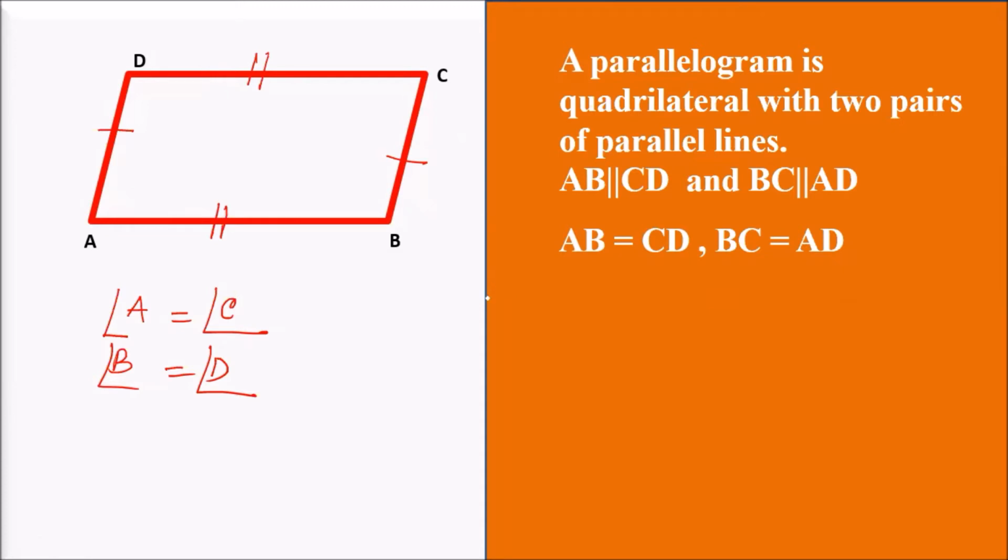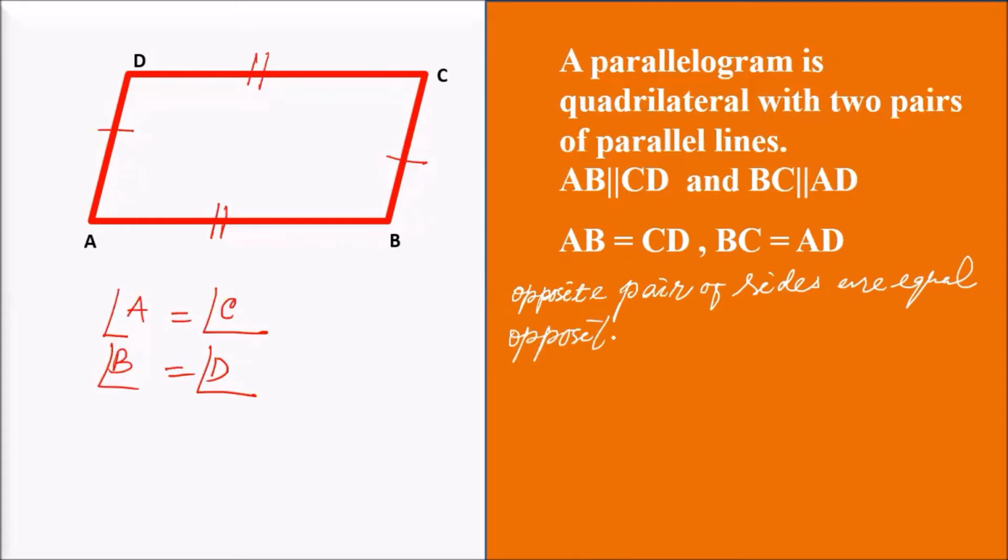Here in a parallelogram, opposite pairs of sides are parallel and also equal. That means AB is equal to CD and BC is equal to AD. Opposite angles are equal.